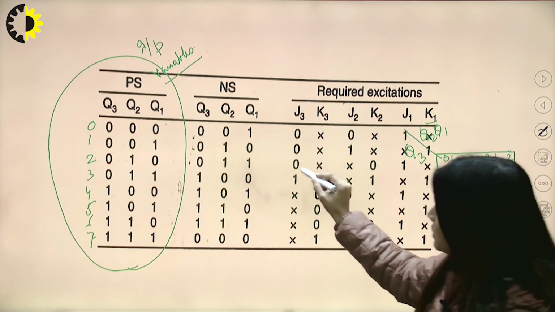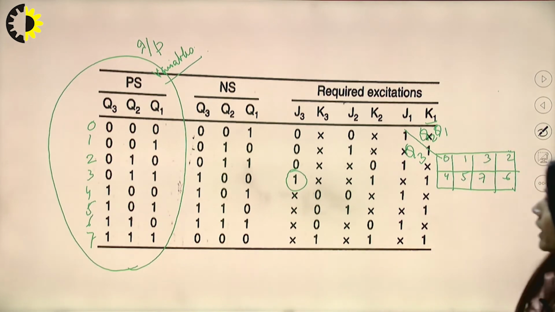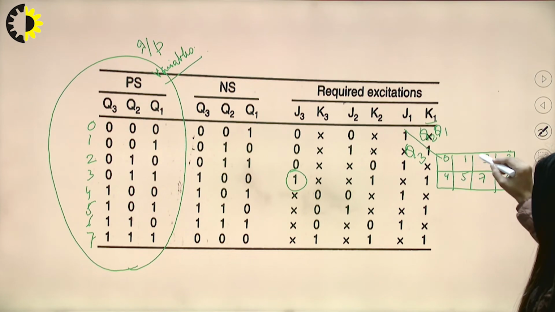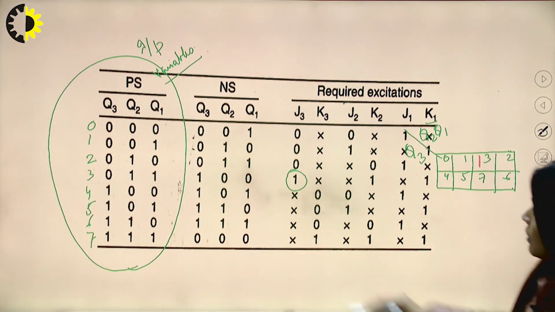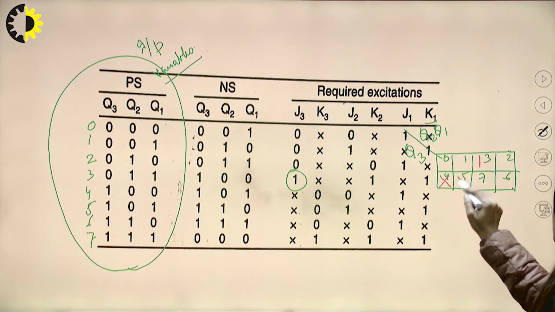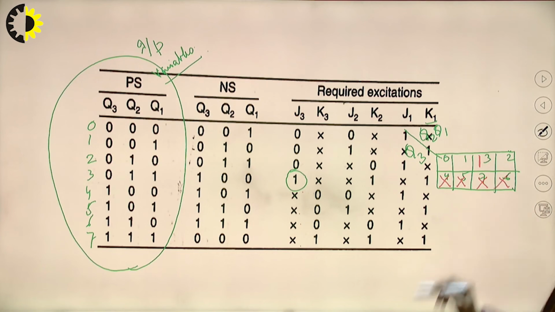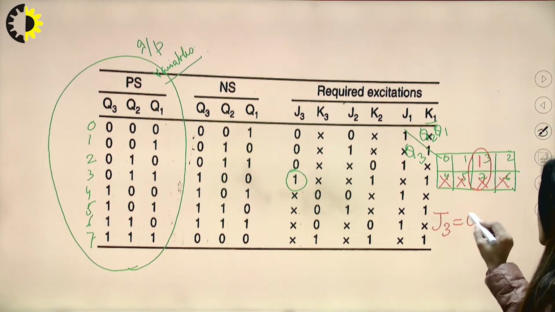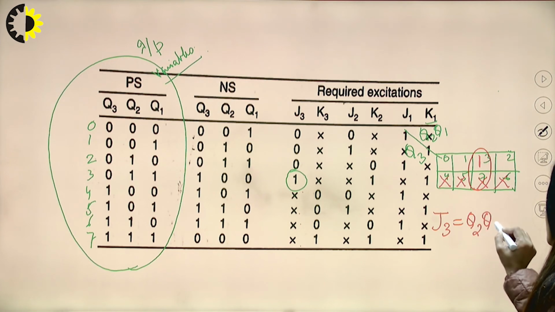So see, at 3, J3 is 1. And for 4, 5, 6, 7, it is cross. So we have this combination, and this combination is only for Q2, Q1. So we have J3 is equal to Q2, Q1.